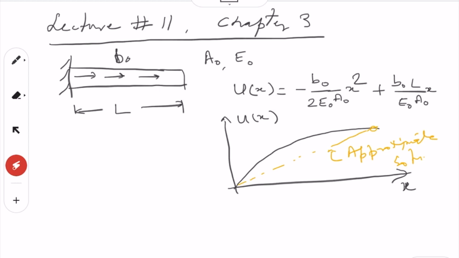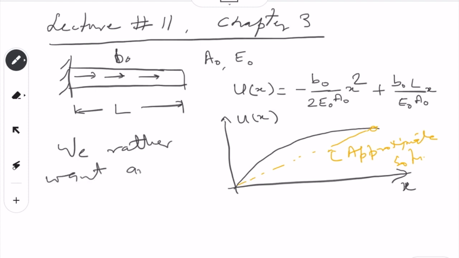So typically a polynomial is assumed, but here I am trying to give you an example. Although this quadratic equation is the exact solution, let us say I want to find an approximate solution which is a line basically.